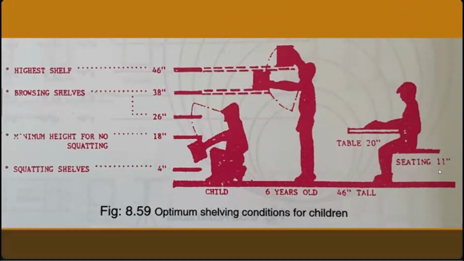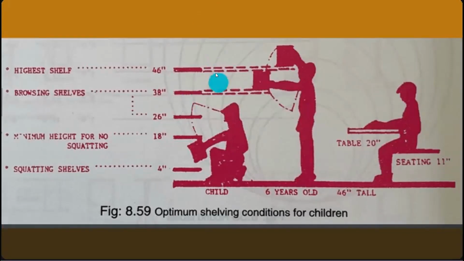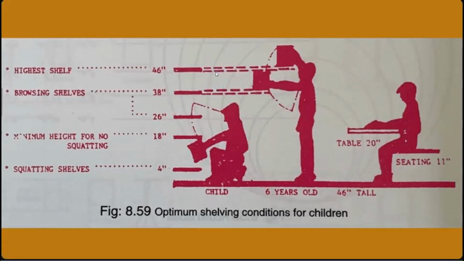This is for children who are 6 years old and 46 inches tall. So the highest shelf, the browsing shelf, should be at 38 inches, or one more browsing shelf can be at 26 inches, which they can reach while sitting.